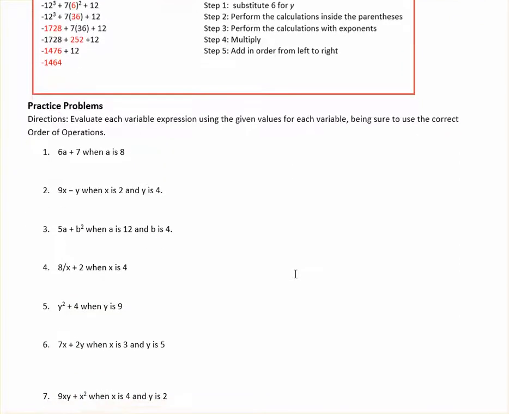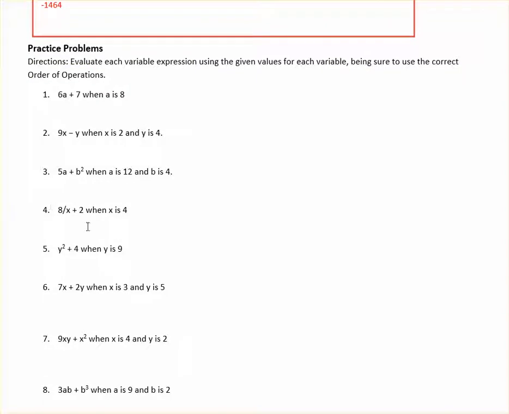Let's look at number 4. Number 4 says 8 divided by x plus 2. So let me write that the way it would look if I wasn't typing the problem. It would look like this: 8 divided by x and then the plus 2. If it was 8 divided by the quantity x plus 2, then the x plus 2 would be in parentheses.